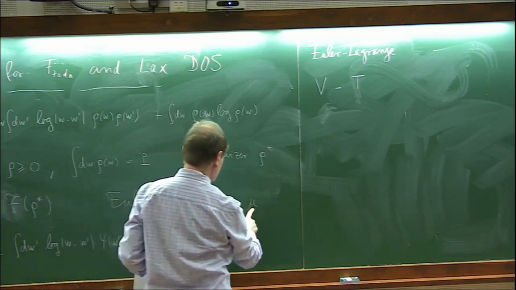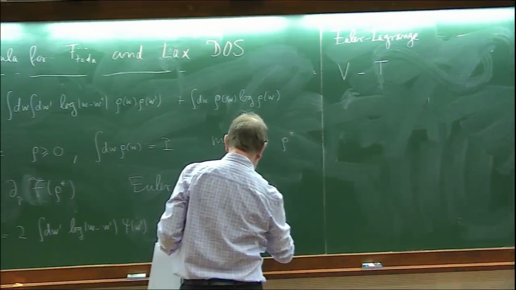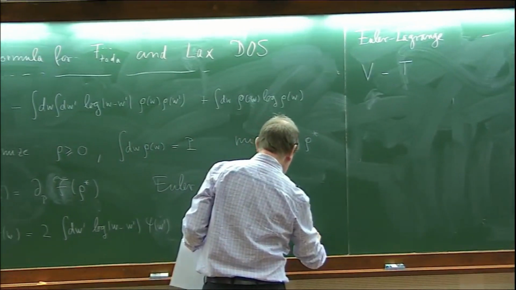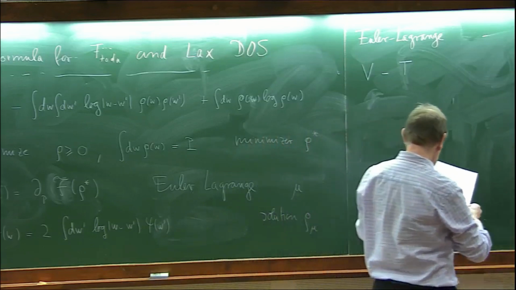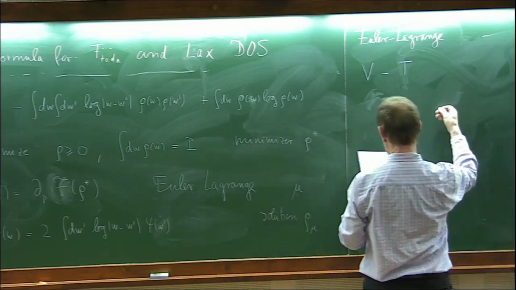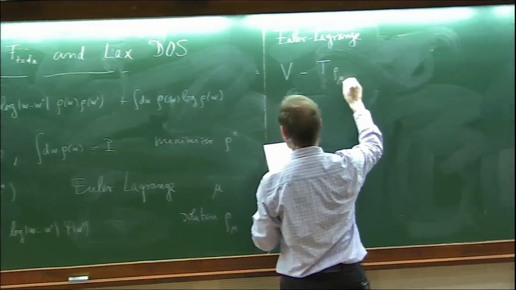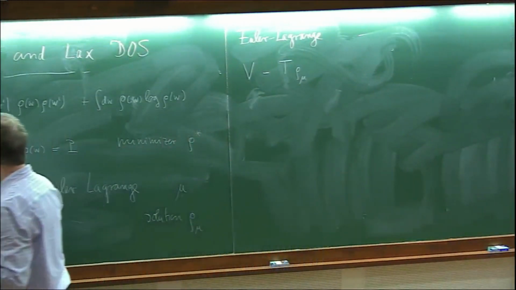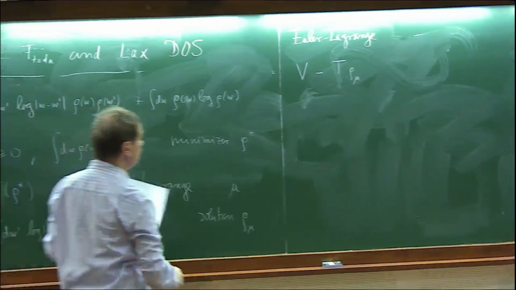So this is the Euler-Lagrange parameter, and the solution of the Euler-Lagrange is denoted by rho mu, right? This is why the rho mu appears here. And then it's minus t of rho mu. There's a 2 here, because I'm differentiating a square.